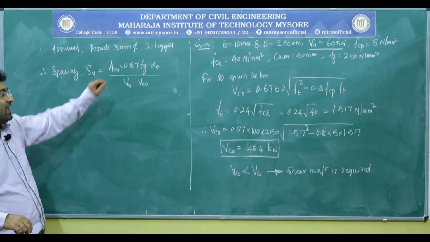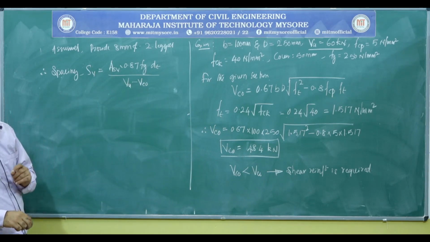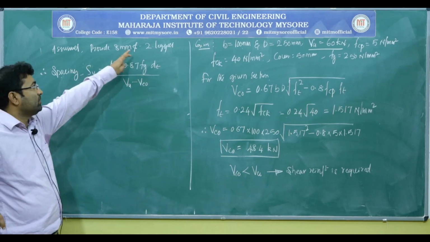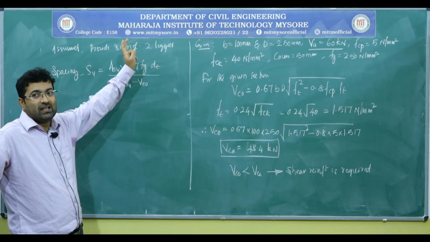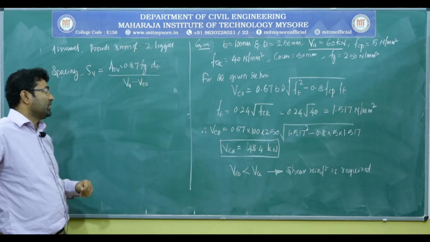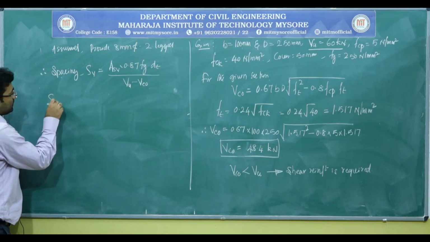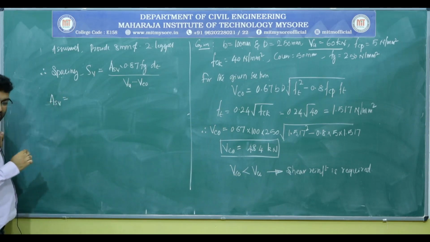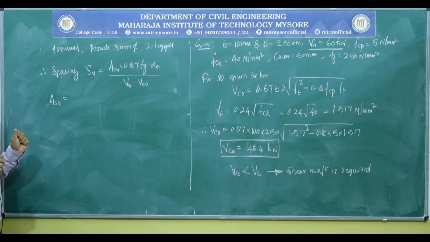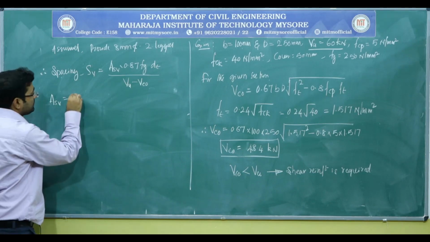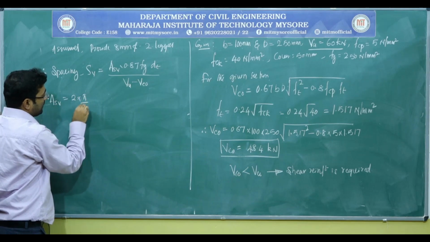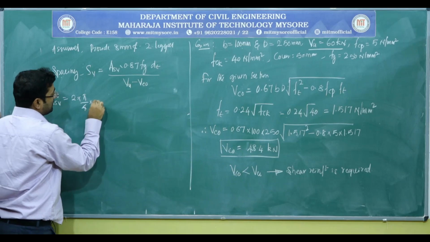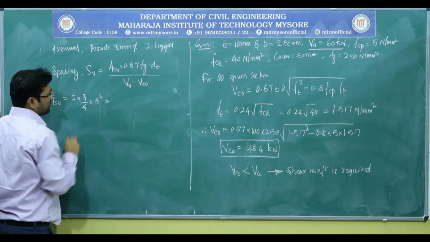So now what is ASV? ASV is the area of steel for the shear reinforcement. That is, we are providing an 8 mm two-leg bar. So what is the cross-sectional area of this shear reinforcement? Let us work out ASV. ASV is two-legged, so it is 2 into pi by 4 into diameter, the diameter of the bar being 8 millimeter square.